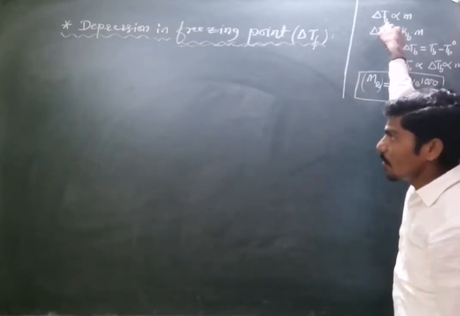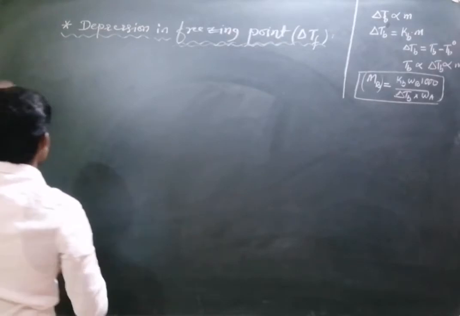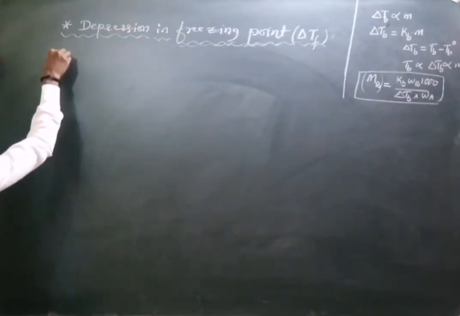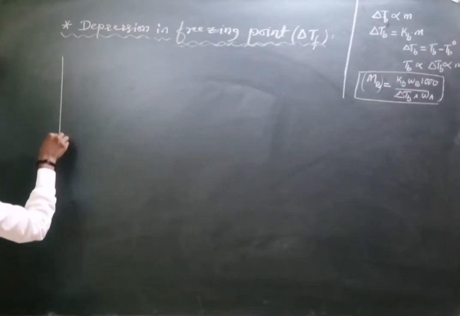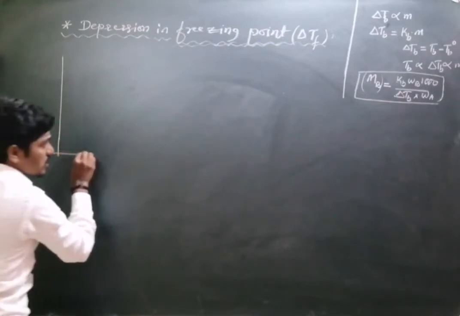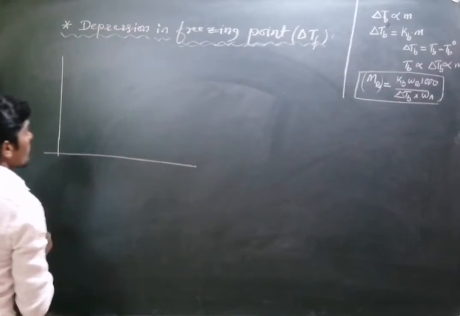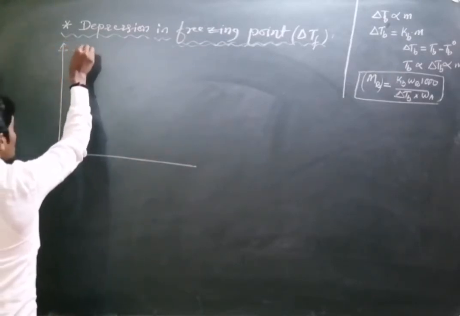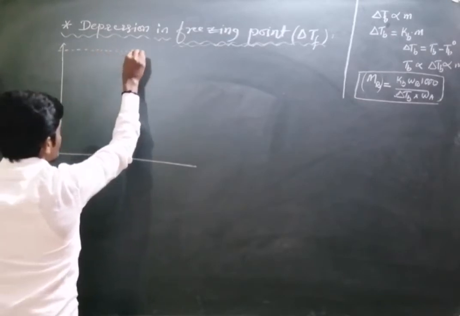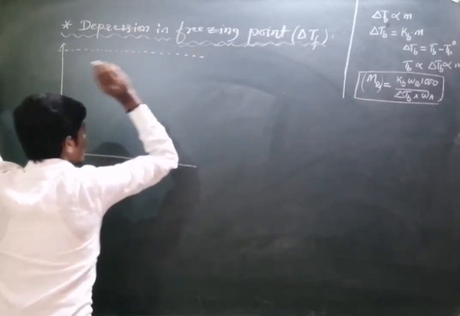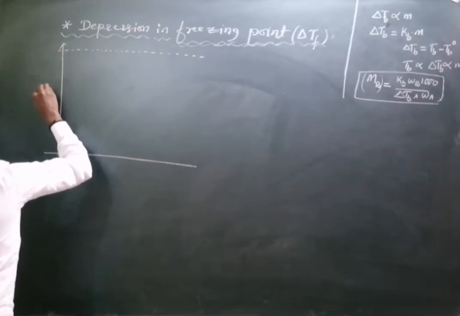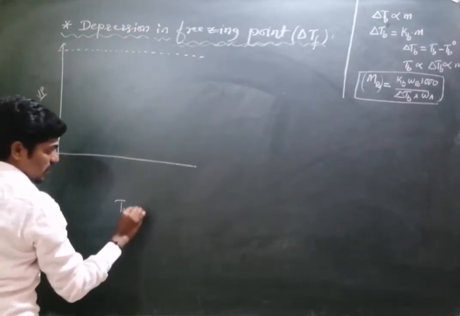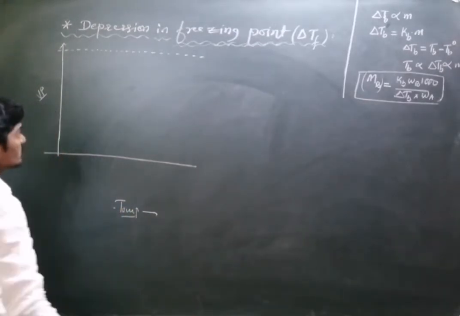So let us consider the graphical representation, a vapor pressure versus temperature axis. I assume that this point is atmospheric pressure. In the last case we considered this graph.